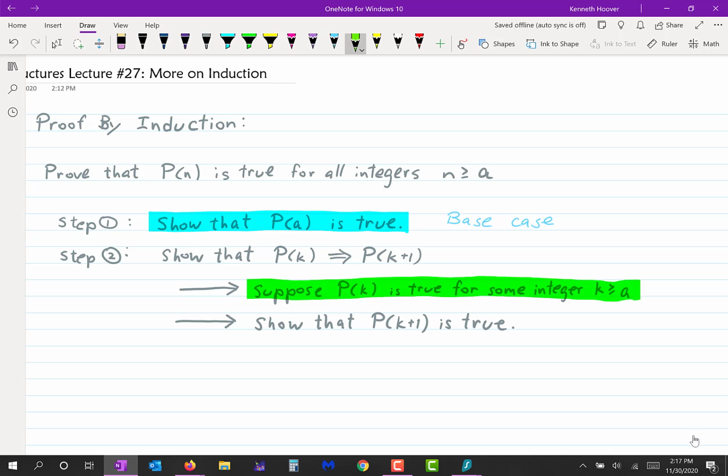That's called the inductive hypothesis. And it requires zero work. It's simply a matter of writing down a statement. And then the third part is right here. That's where the work is always involved.